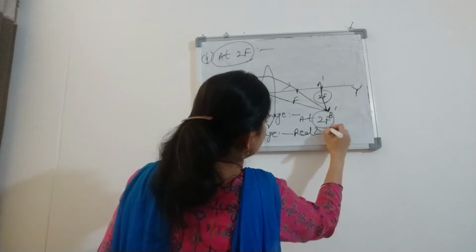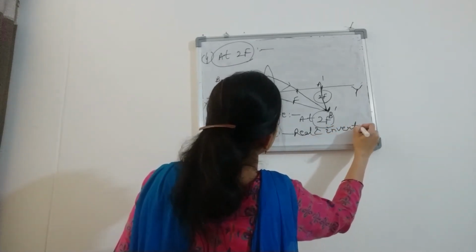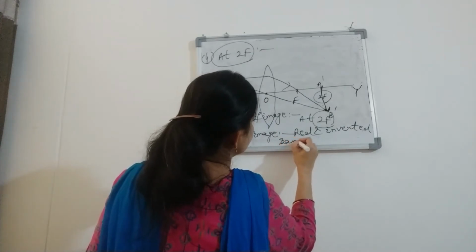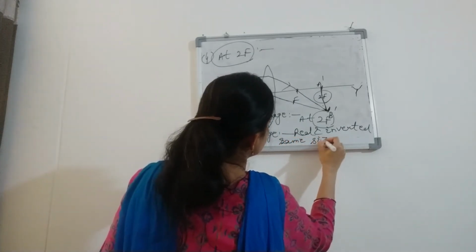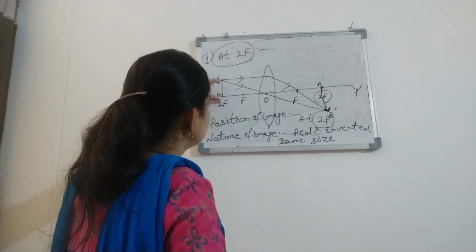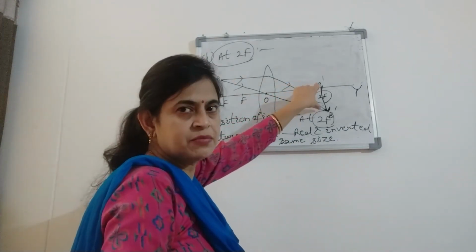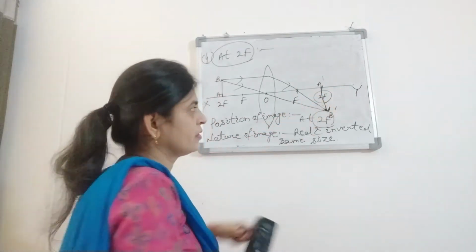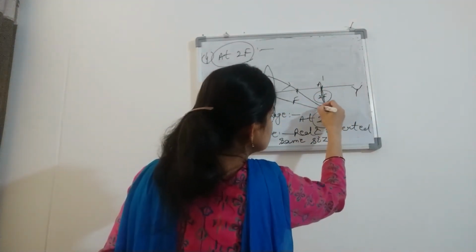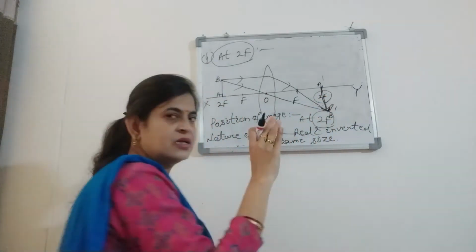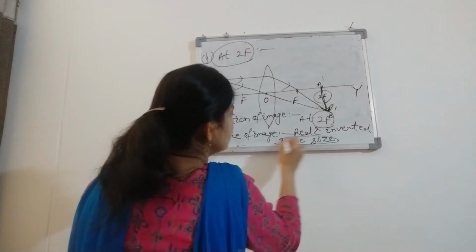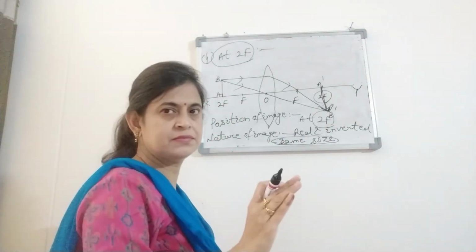So real and inverted and the same size. Same size means the size of the object and the size of the image will be same. Okay? If you draw with the help of your pen and pencil and scale, then you can clearly observe that the size of both objects and image will be same.